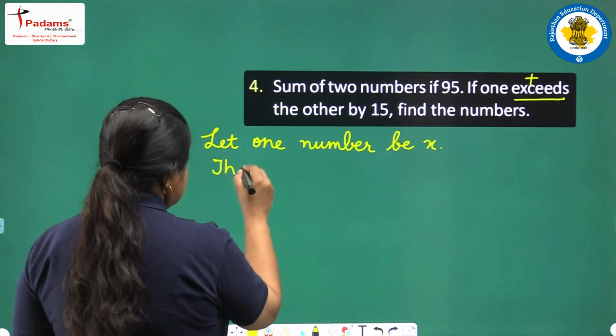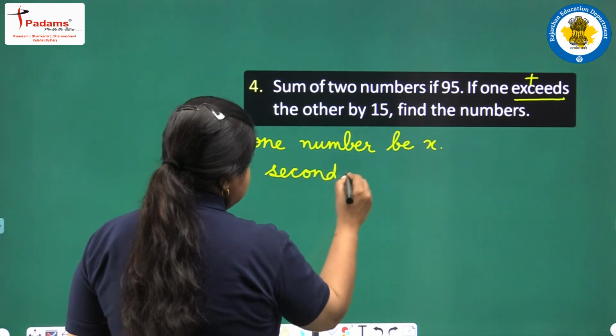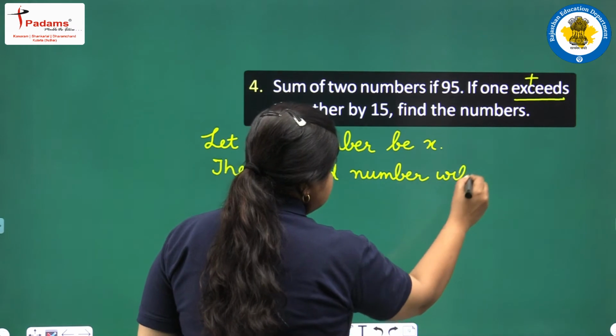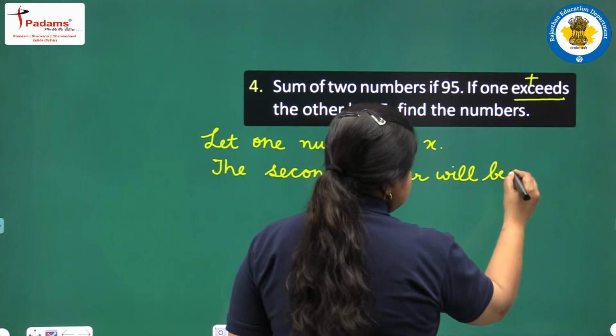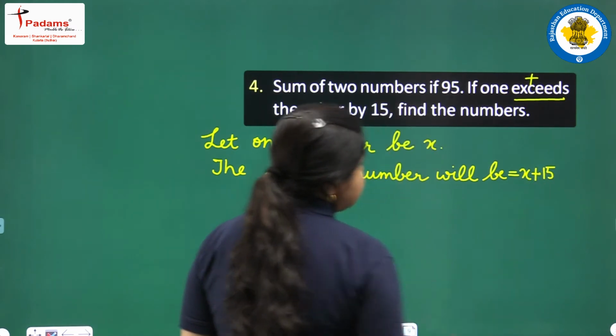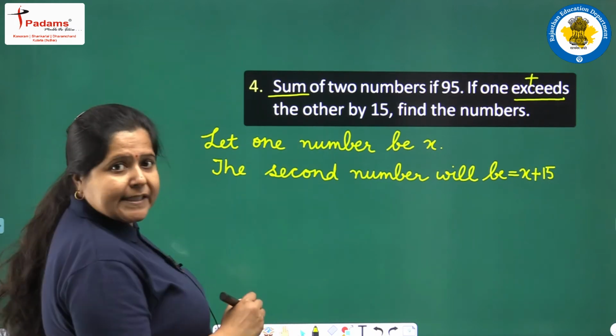So, the second number will be x plus 15, exceeds by 15. Now their sum is given to be 95.